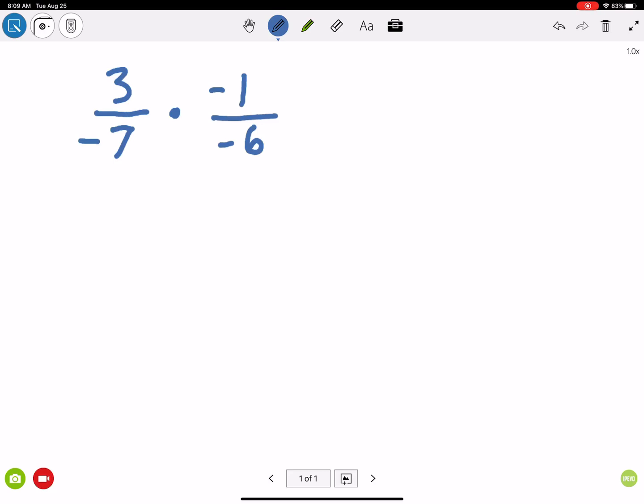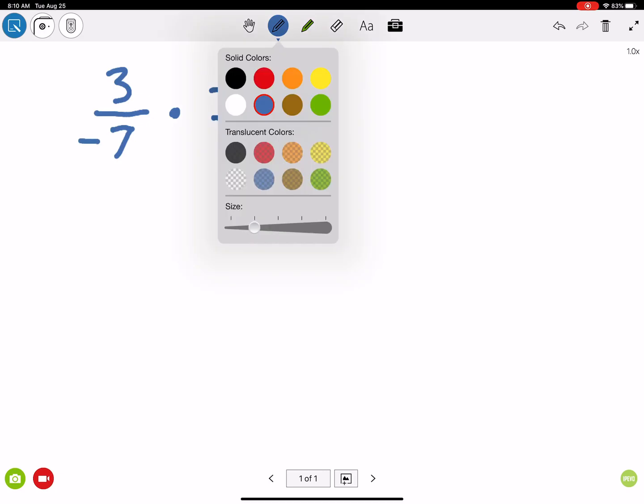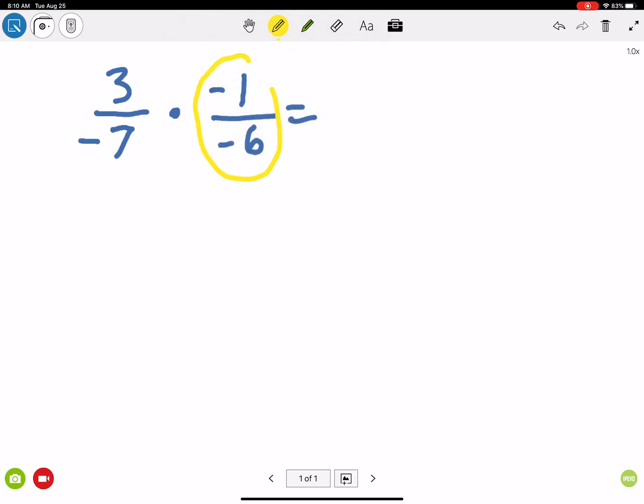What's happening here? There's 3 negatives in here, right? Well, you can do a couple things. What I would do in this case is understand that if I'm looking at this fraction, right? Fraction bar just means division, right?